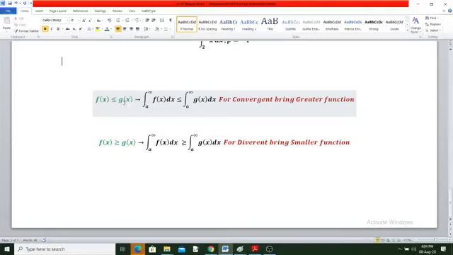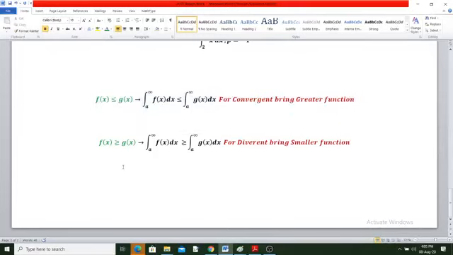Because g of x is greater, its integral is also greater, but by some standard integral like the p integral, exponential integral, or other previous knowledge, you know this greater integral is convergent. Because the greater integral is convergent, the smaller integral is also convergent.